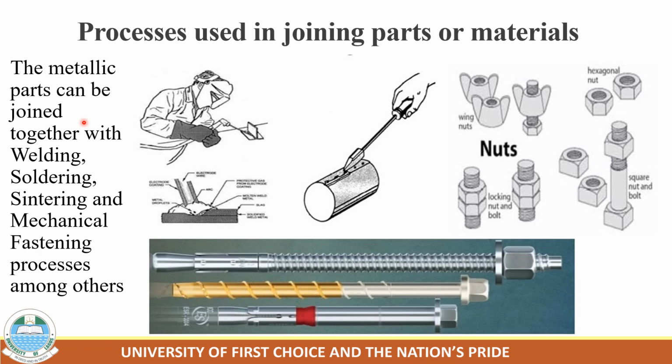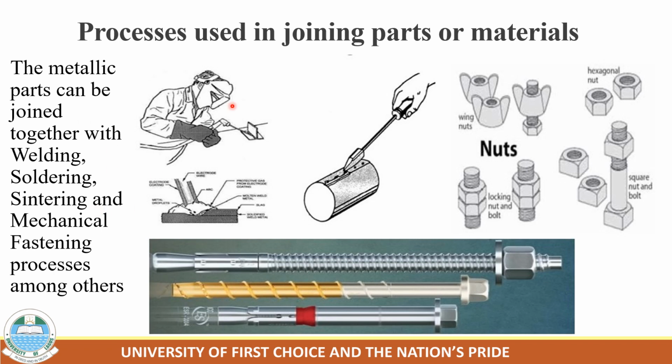When your metals are in parts and you want to assemble them together into a single unit, just like the apparatus you are using in the lab, like the optical bench, Hooke's law apparatus, or sonometer, if you check them very well, you see that they have different parts which are assembled together to become a single unit of apparatus.